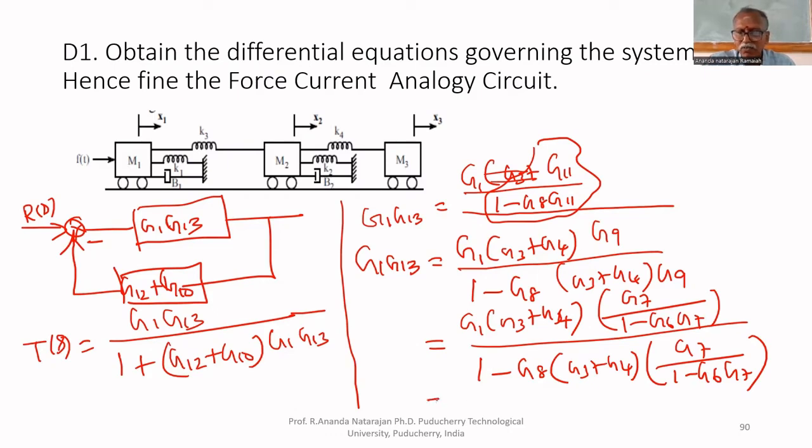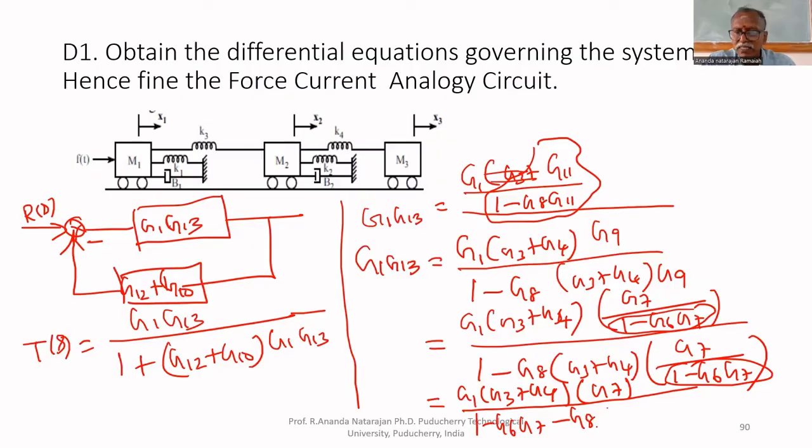What you will get is G1 (G3 plus G4) multiplied by G7 whole divided by, cancelling this part and this part, 1 minus G6 G7 minus G8 (G3 plus G4) multiplied by G7. So we got G1 G13. The numerator part we got now. The denominator part we have to find.